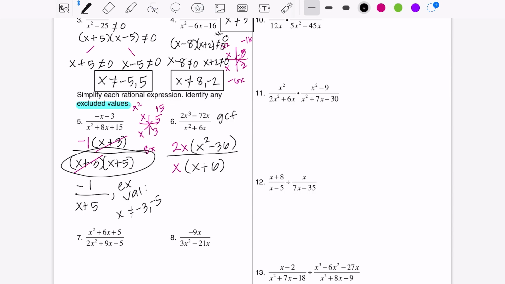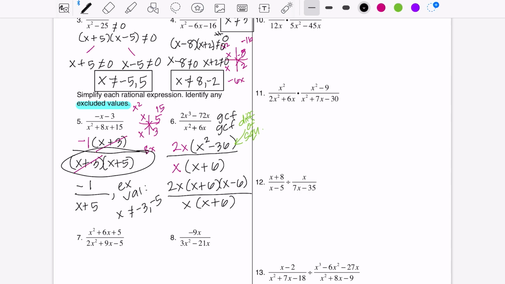The bottom has the GCF too, but then I don't know if you see this right there. That's a difference of squares. So that x squared minus 36 can be factored more into x plus 6 over x minus 6.